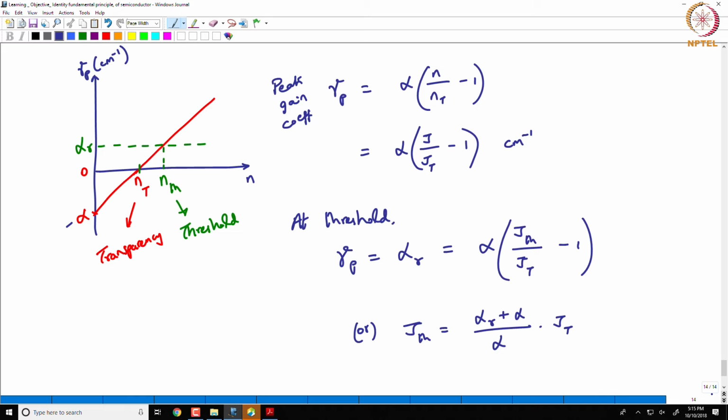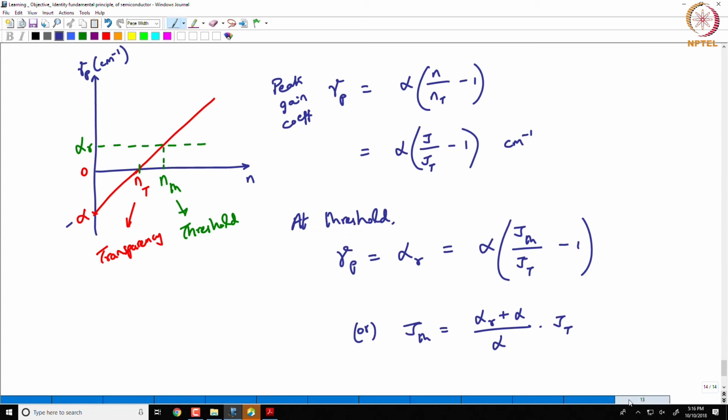All those things that we talked about in terms of gain saturation are valid for this also, except that there we talked about some emission cross section and the saturation time. So, those definitions change here. There is still a saturation time here as well, but the definition of the emission cross section and all that changes. Okay. So, let us move on now.